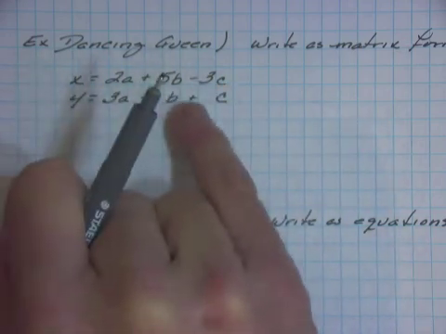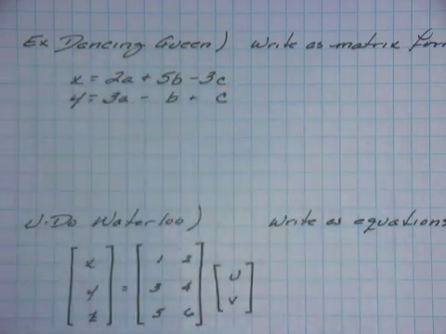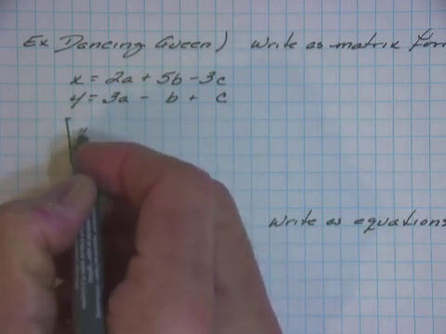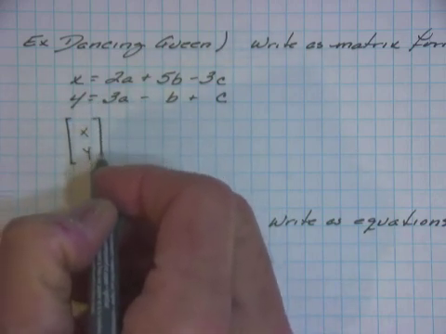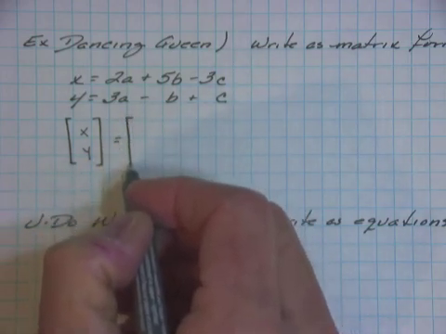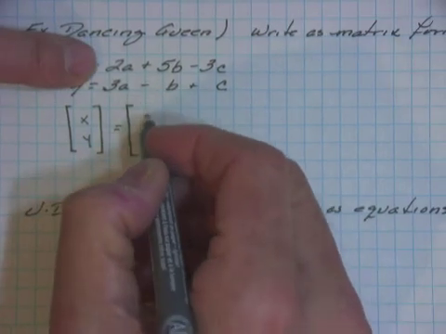I've got solutions over here. They are variables. I have all these coefficients, and I have 3 variables over here. So let's just create our answer matrix, x, y. Then put an equal sign.